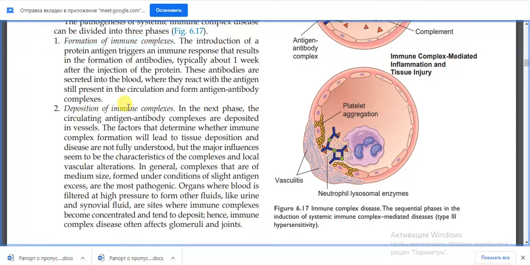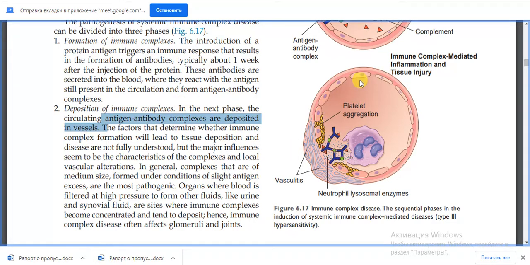Okay, deposition of immune complexes. So how does deposition of immune complexes happen? In the next phase, the circulating antigen antibody complexes are deposited in vessels. The factors that determine whether immune complex formation will lead to tissue deposition and disease are not fully understood, but the major influences seem to be characteristics of the complexes and local vascular alterations. So you see, these antigen antibody complexes, with no proper understanding of how it happens, are deposited in blood vessels.